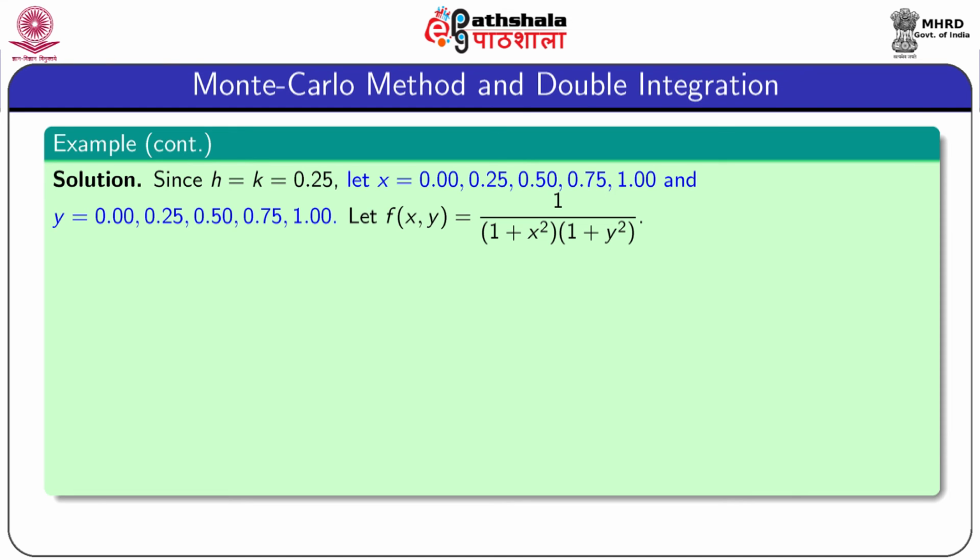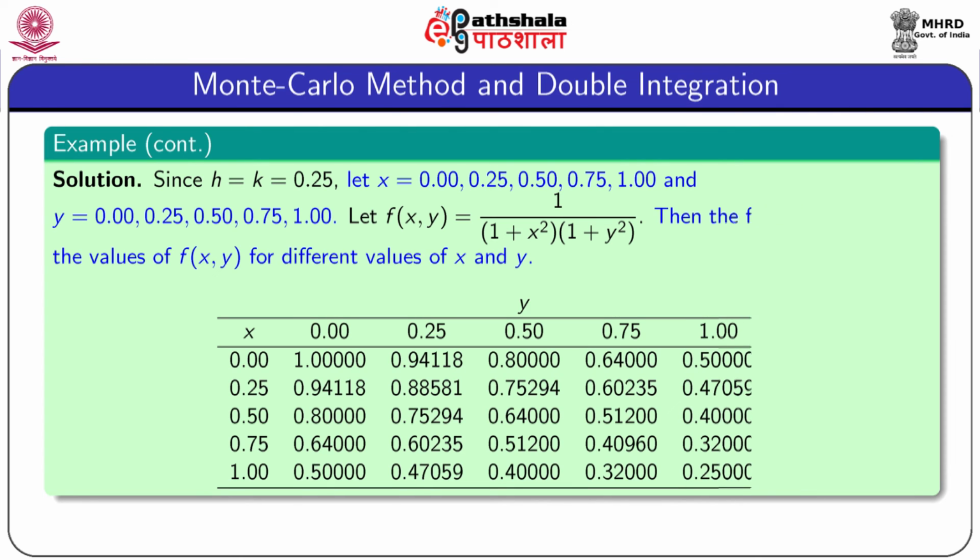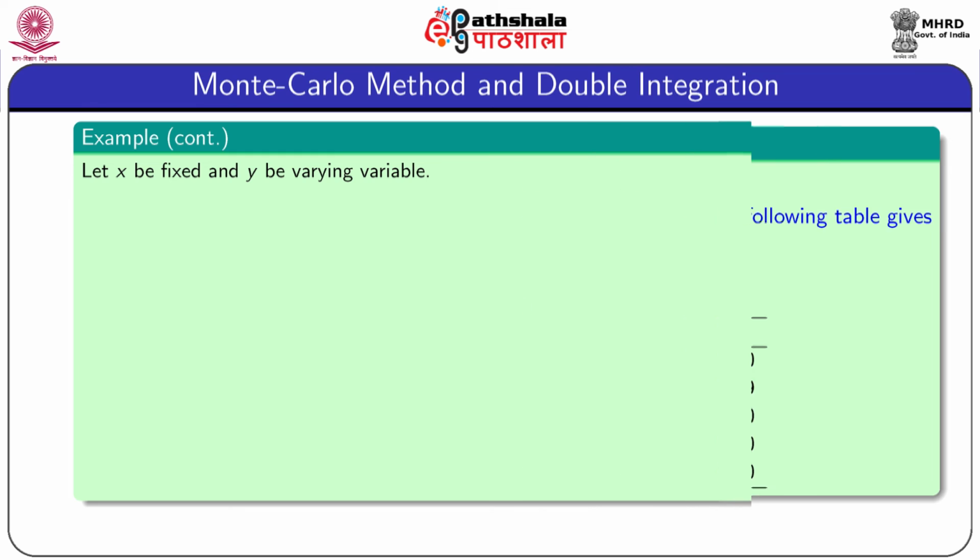Here the function is f of x y equal to 1 by (1 plus x square) into (1 plus y square), and for this function and for the values of x and y we obtain the following table of values, and these values are used to find the integration using trapezoidal and Simpson one-third formula.